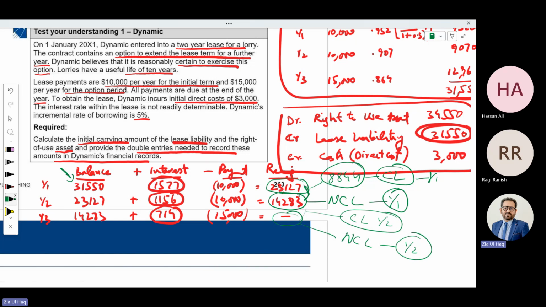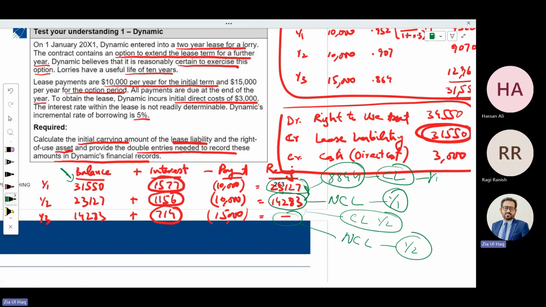But this liability should be divided into current and non-current. Non-current means the amount that we need to pay in more than 1 year, and current is what we need to pay within 12 months, meaning within 1 year. So if at year two this will be the liability remaining, this means the difference you have paid in the last 12 months. That is current liability.